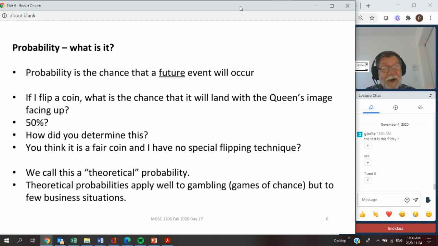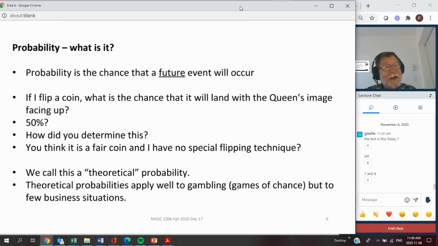If I flip a coin and then catch it on my hand, what's the chance that the queen's image is facing up? Many of you, I think, would say 50%. That, you know, 50-50 chance.